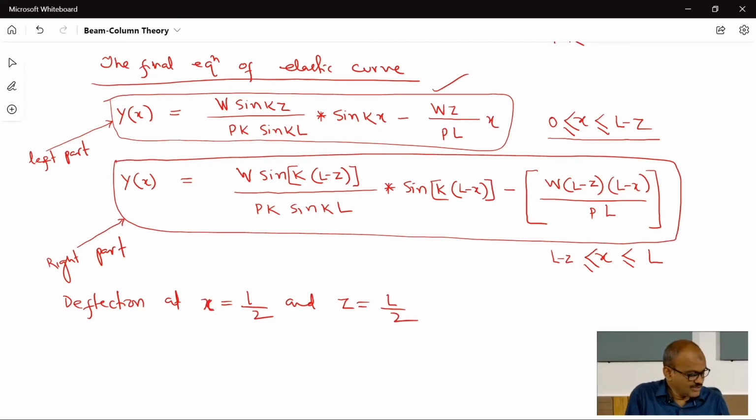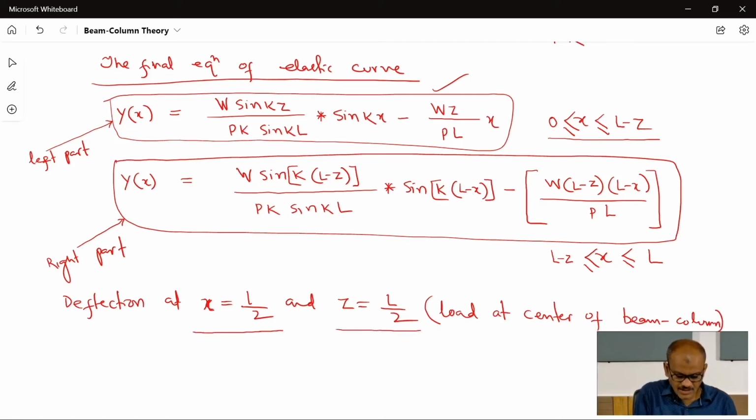I mean, when the load is at the center of the beam, z is equal to L by 2. See, z is equal to L by 2 and x is equal to L by 2.